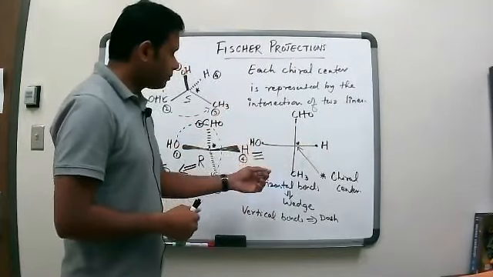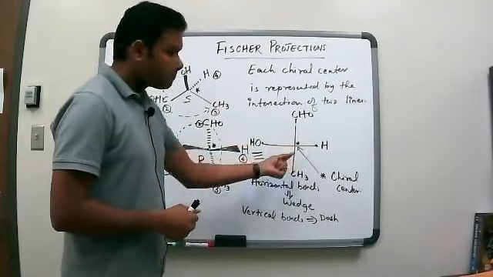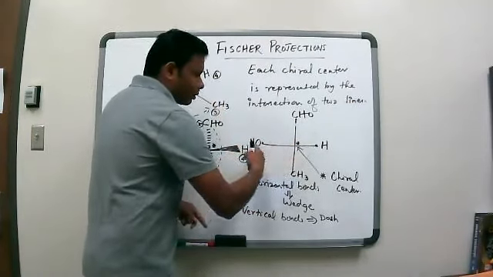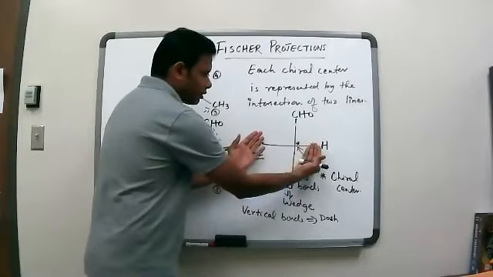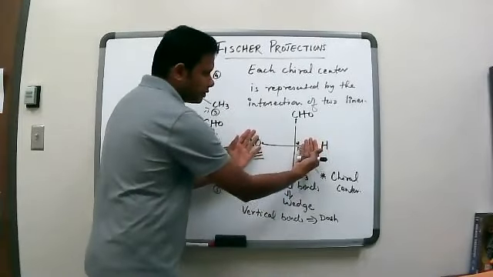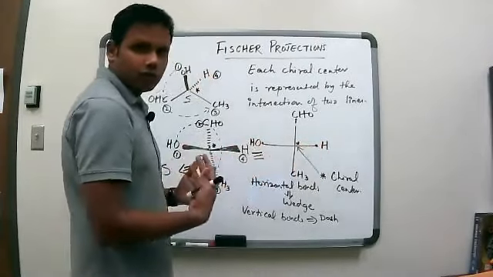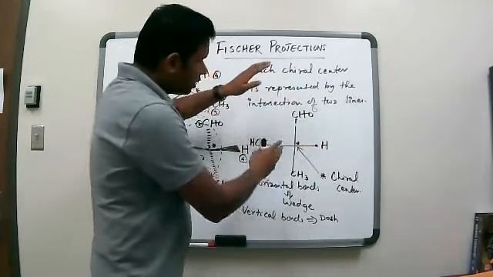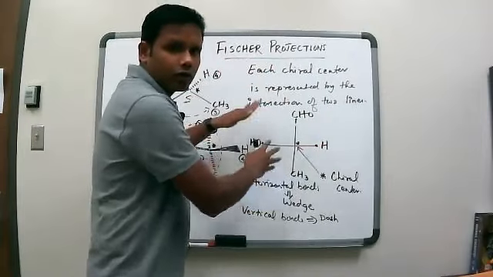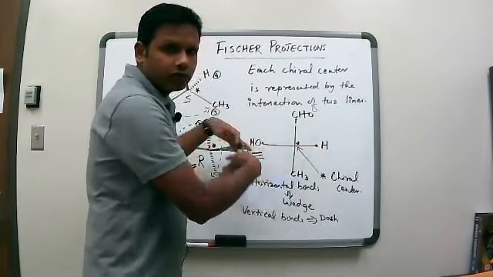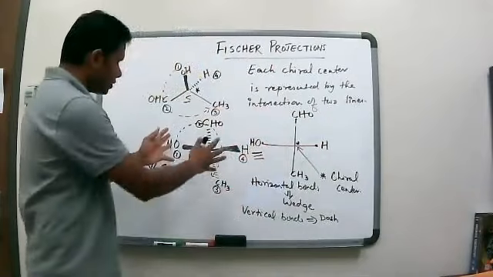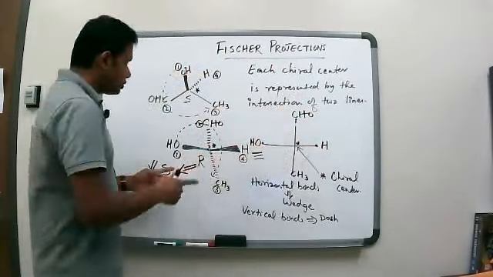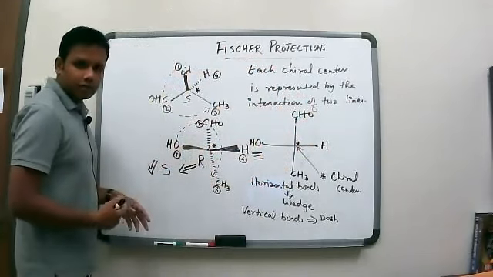The two groups on horizontal bonds are on wedge bonds that are coming out towards me. The two groups on vertical bonds are on dash bonds that are going away from me. So that's how we would read this structure. Although we would be seeing it like this all the time, we should be reading it like this.